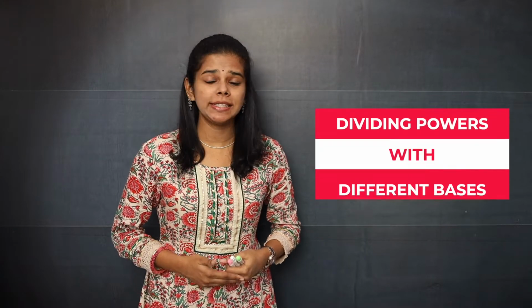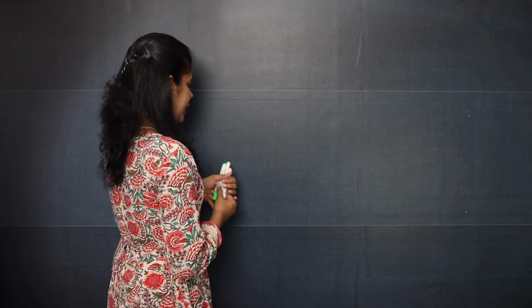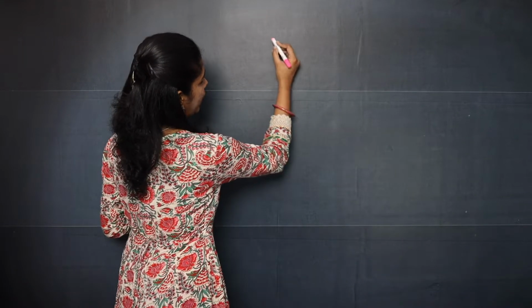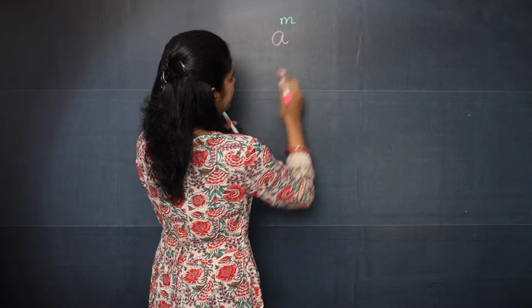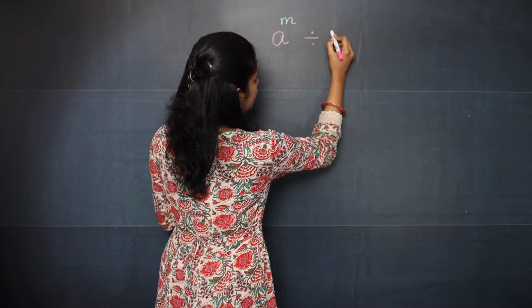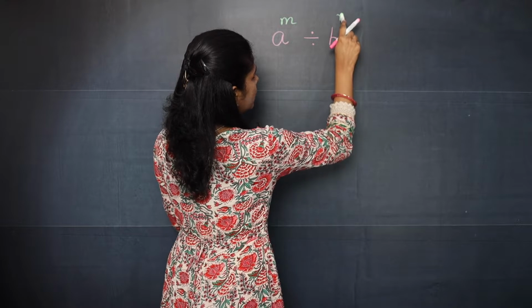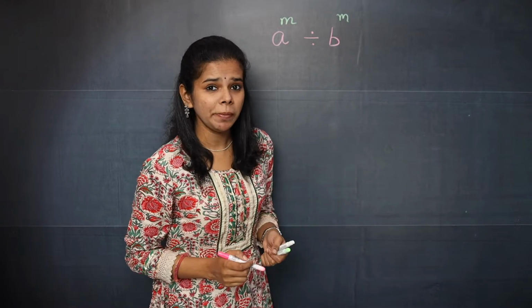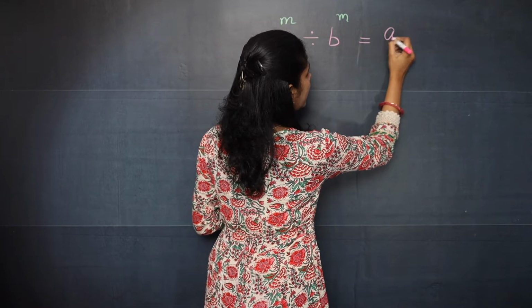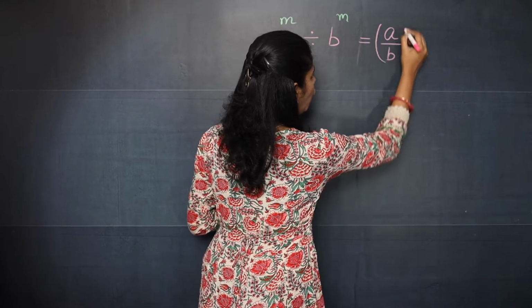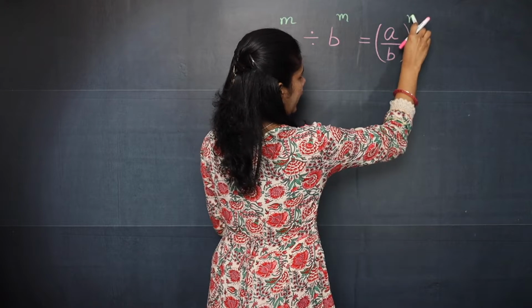The next law is dividing powers with same exponents. So let us take a to be a non-zero integer. So a raised to m divided by b raised to m. So here you have different bases. So this is equal to a by b the whole raised to m.